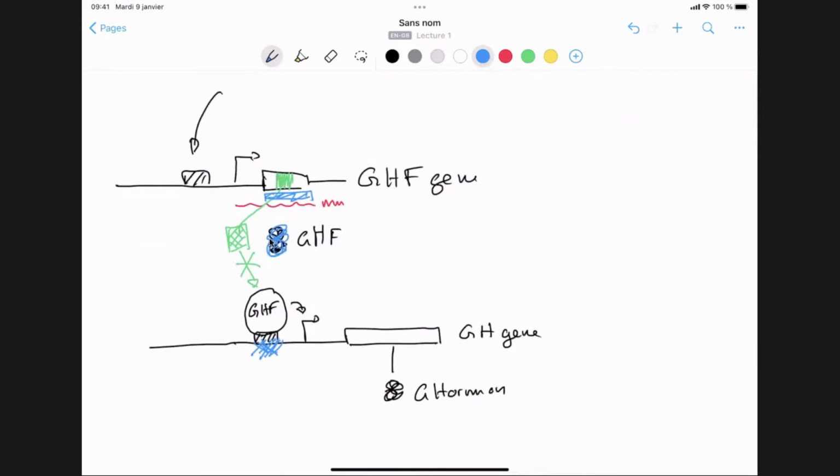So GHF is functional, is expressed, the protein is correct, but the mutation is on the site of recognition. So even though this protein is perfectly functional, it will never be able to bind to this part of the promoter, and therefore GH won't be expressed. Is that fine also?